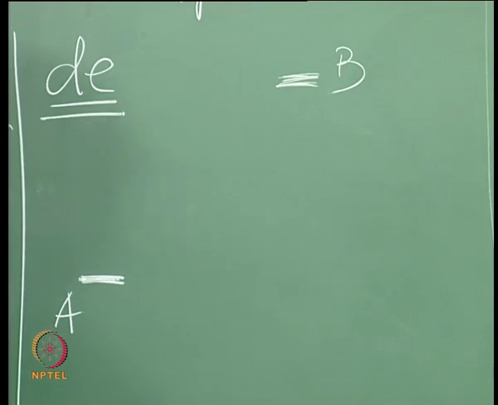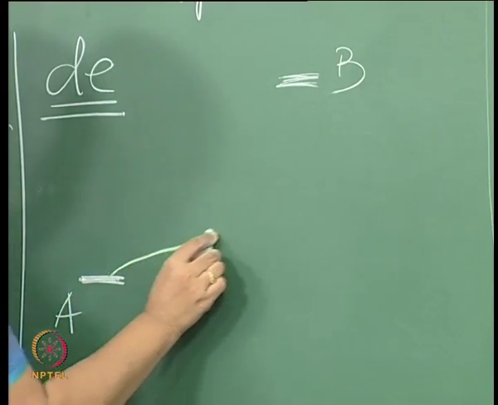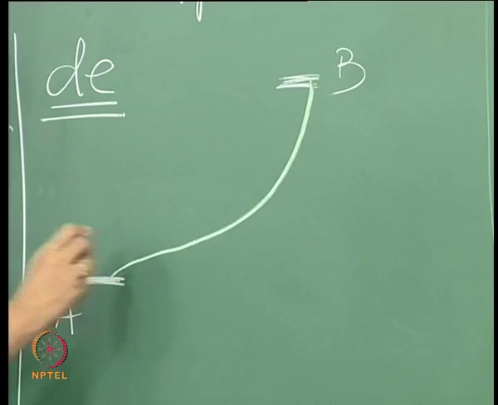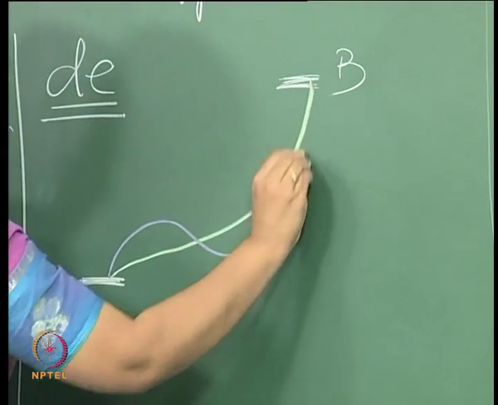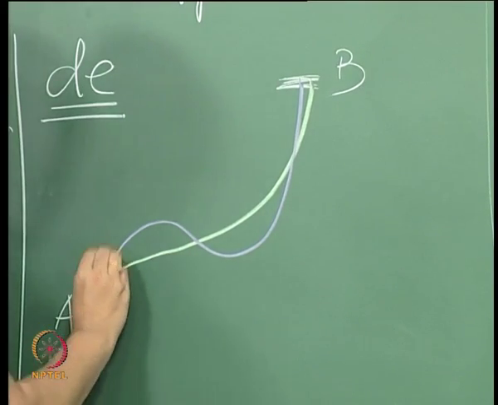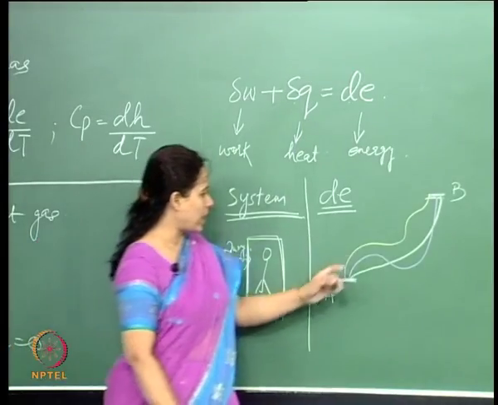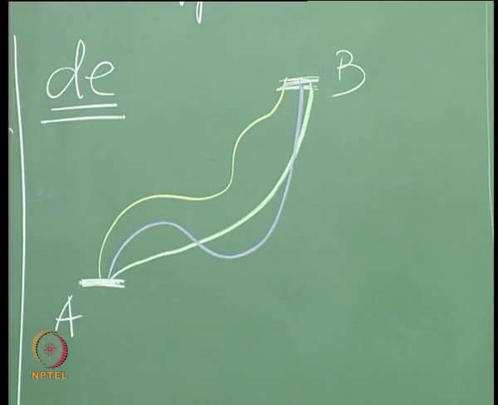Now, say I move from A to B in this fashion. I follow this route, or say I move in that way, or I move in this fashion. What happens to my dE? Do I have 3 different dEs? The answer to that is no.